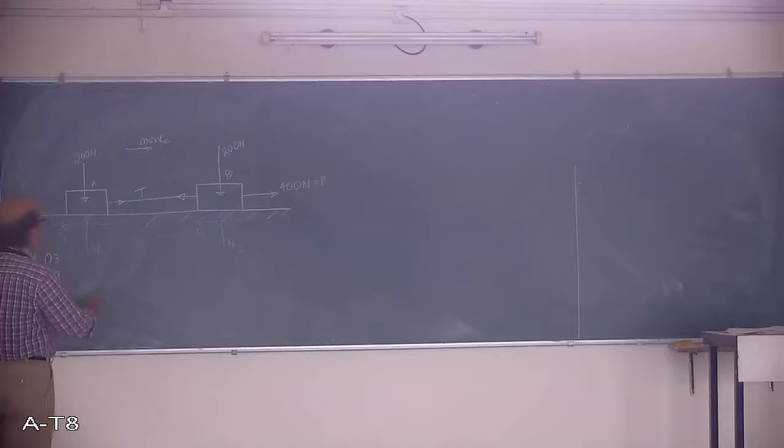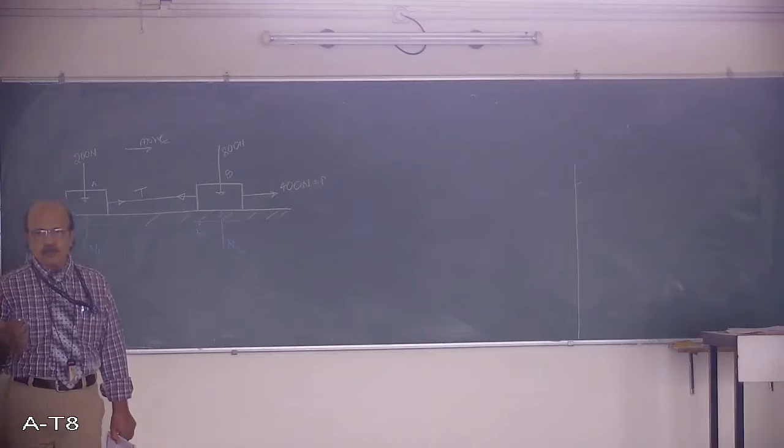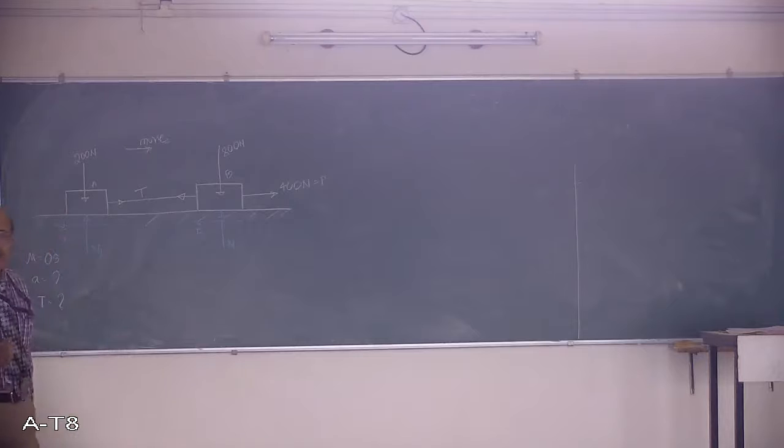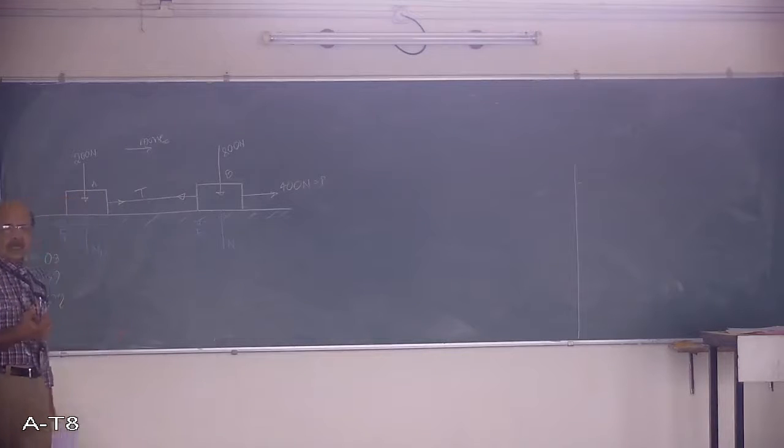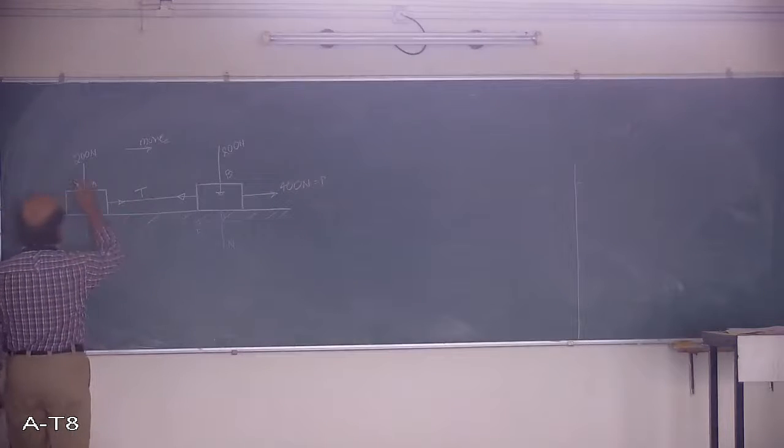Now there is one more thing. Here, as these two blocks will be under dynamic equilibrium as per D'Alembert's principle, the inertia forces will oppose the direction of the movement, and they will be acting opposite to the direction of the movement because the acceleration will increase in this direction. So don't confuse with that. The earlier problem was retardation, and here the inertia forces will be acting opposite to that.